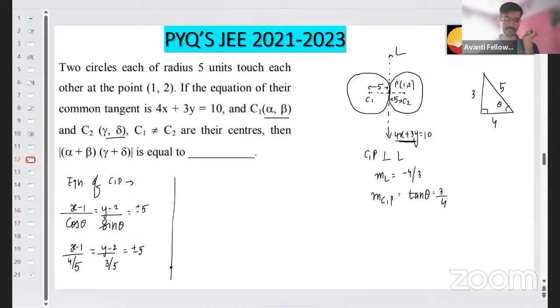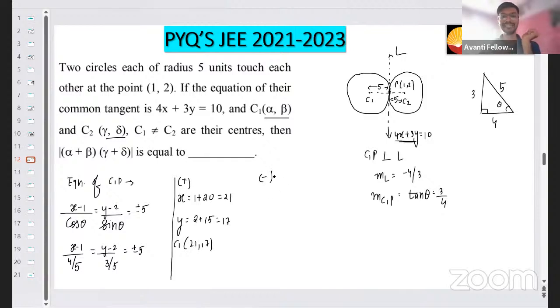So if I take the positive sign, what I'll get? x is equals to 1 plus 5 fours are 20, which is equals to 21, and y will be equals to 2 plus 15, which is equals to 17. So I'll get C1 as (21, 17).